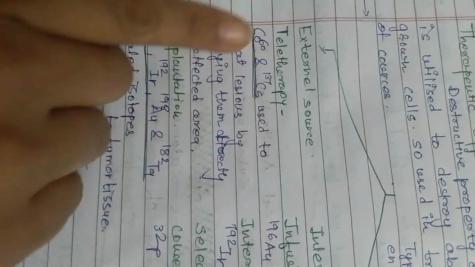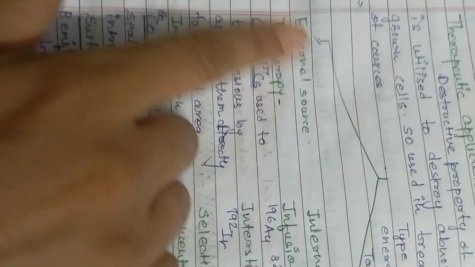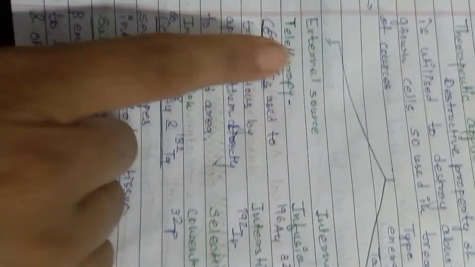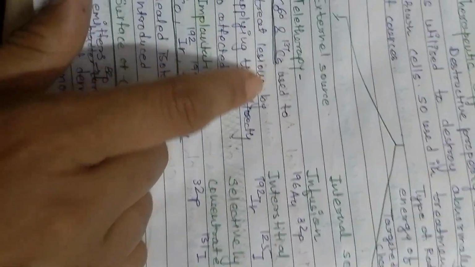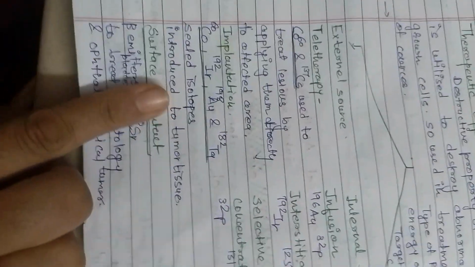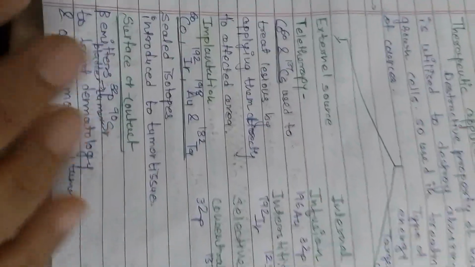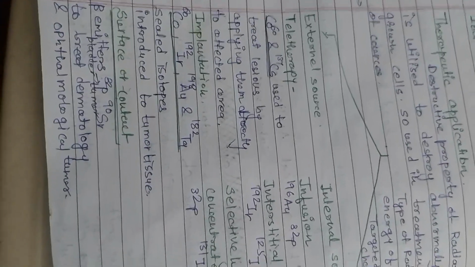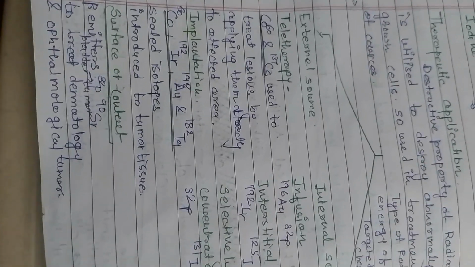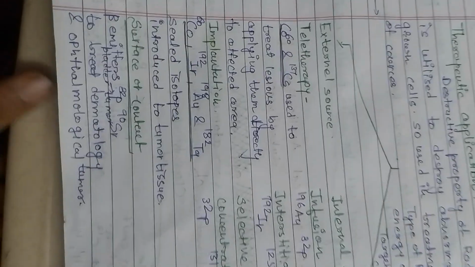See, these are the examples: cobalt 60, cesium 137. These are given by teletherapy, meaning they are provided directly to the targeted area. Then implantation: here radioisotopes are sealed in some material and then implanted on targeted tissues, but this is external application, we are not providing them inside our body.